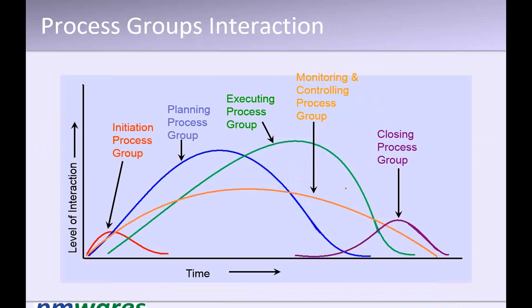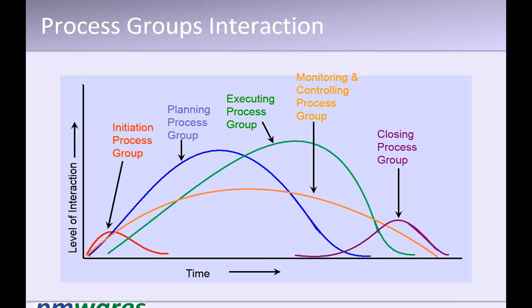They normally interact like this. Initiating processes start as soon as the project starts, and close after some time. As soon as project initiation starts, you see the controlling part of the project starts. Monitoring and control starts from the very beginning and goes up to the end.